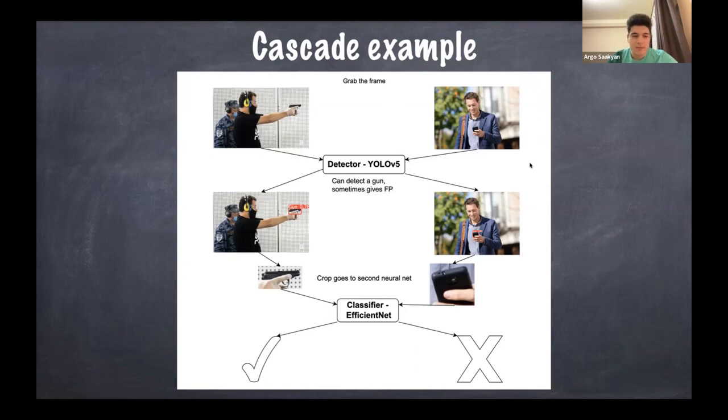Specifically, we are taking the coordinates from the detector, and then cropping the original image so we can use a higher resolution image for our classifier. In that case, we don't really lose accuracy if, let's say, we have high resolution cameras, maybe something like 2K or 4K.